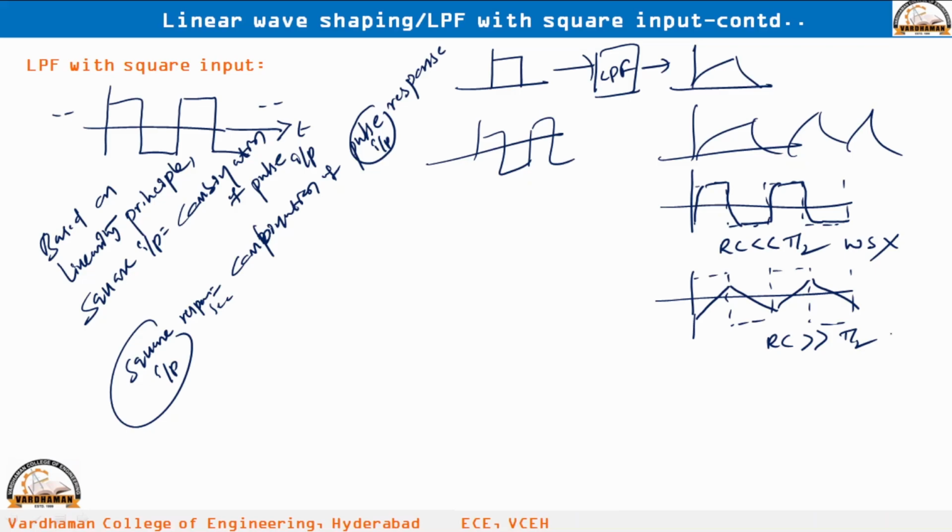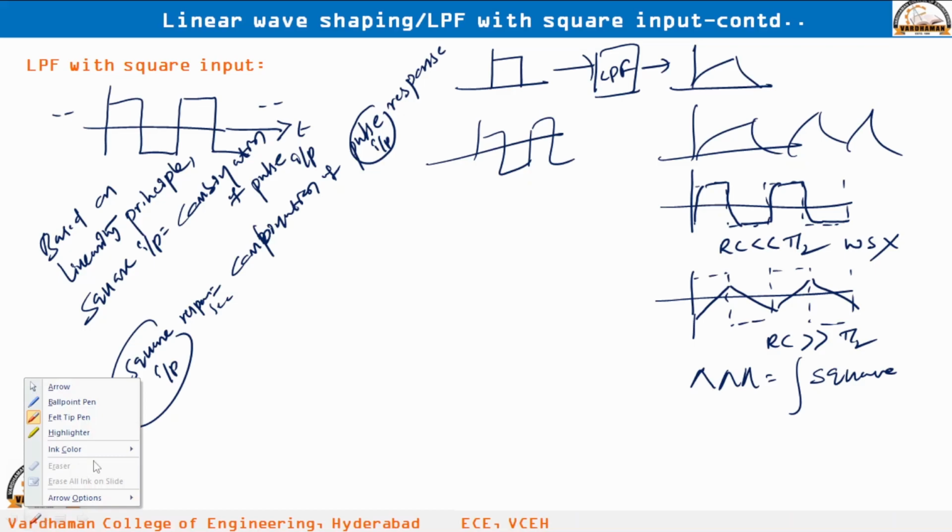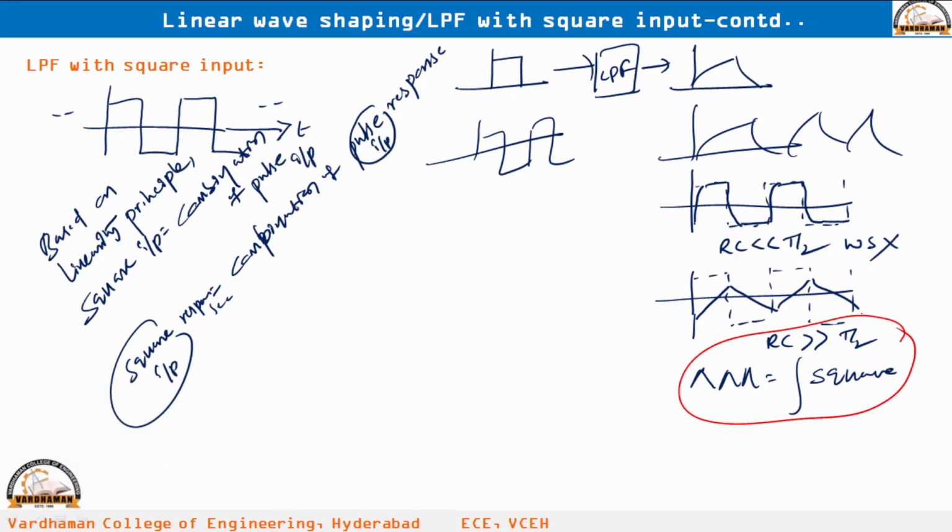So, in this case, a square wave has been applied but the output is a triangular wave. That means it is the integration of the square. Triangle is equal to integration of square. We get this when we meet the condition RC is very much greater than T by 2.